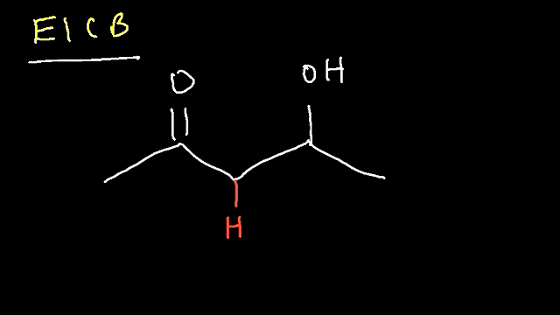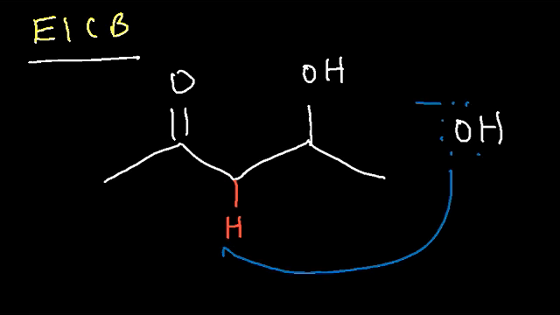The reason for that is this red hydrogen, which is known as an alpha hydrogen with respect to the ketone, is relatively acidic because it's stabilized by resonance. At least the conjugate base is stabilized by resonance. So let's say we add a strong base like hydroxide. Hydroxide is going to remove the hydrogen, forming a carbanion.